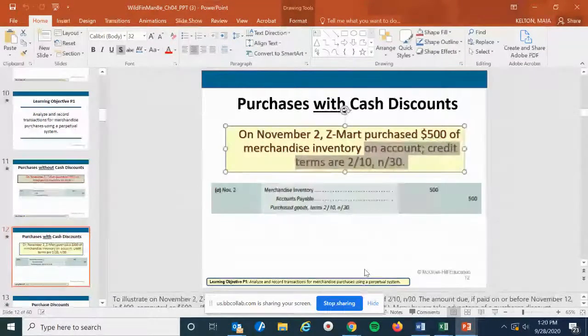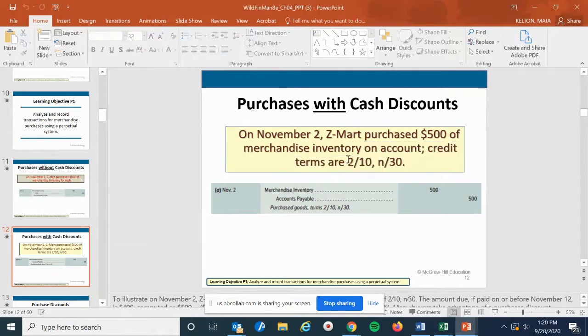If they pay on credit, the seller of inventory might want to encourage them to pay in cash faster, just so they don't have to wait too long for the cash collection to occur. So in this case, the text that I highlighted says this is a purchase on account. We know this is a credit purchase, and the credit terms are 2/10, n/30.